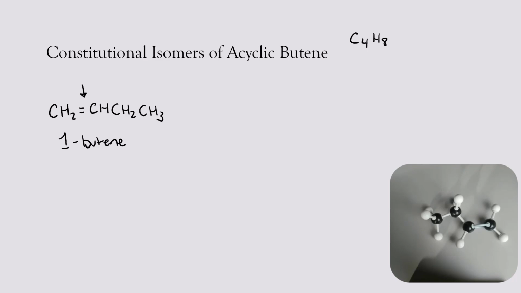Because the double bond can be moved to a different carbon and make a new name, therefore a new isomer, the movement of that double bond to, let's say, starting on carbon 2 will change the position of that double bond.